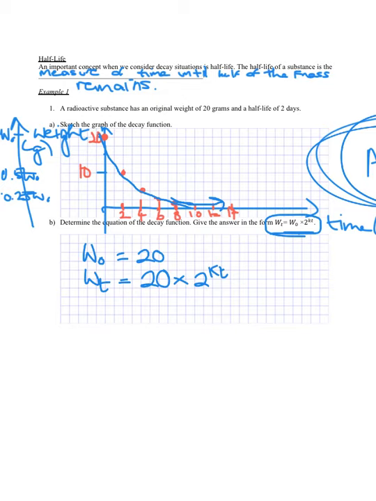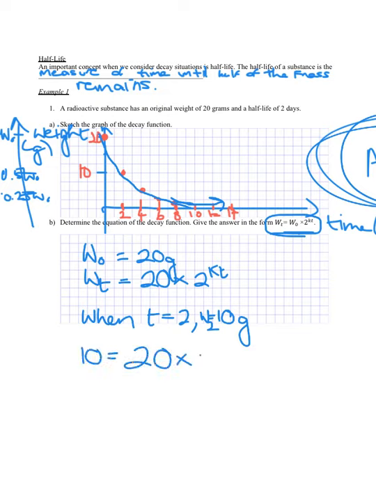What can you use? Well, you know that after 2 days, when t is 2, because of half-life, mass has gone down a whole half. So W is equal to 10 kilograms. All you have to do is substitute in W as 10 and t as 2. So 10 is going to equal 20 times 2 to the power of 2k.